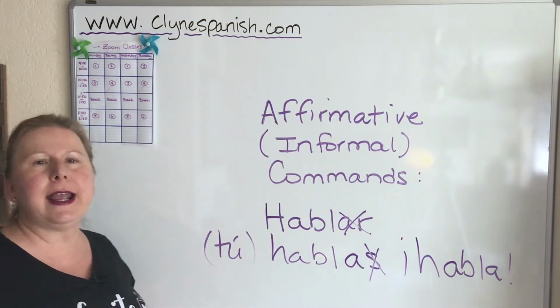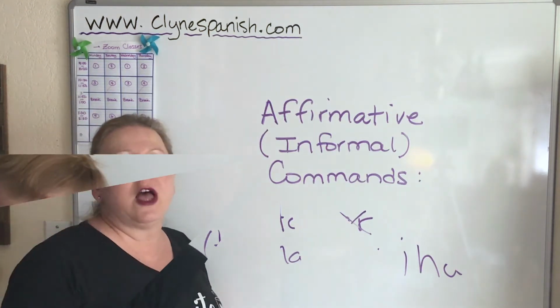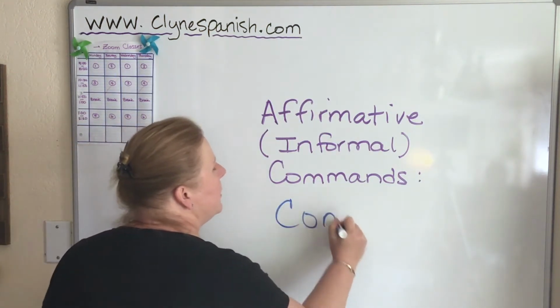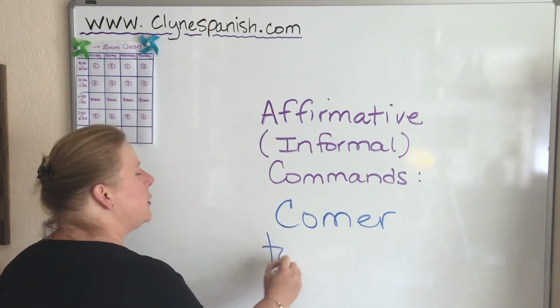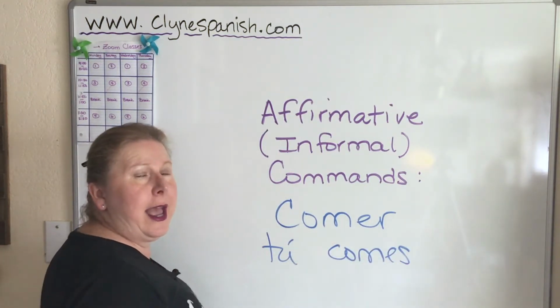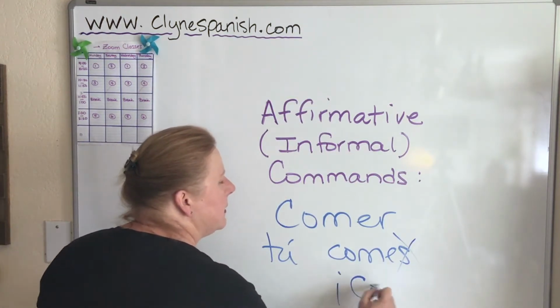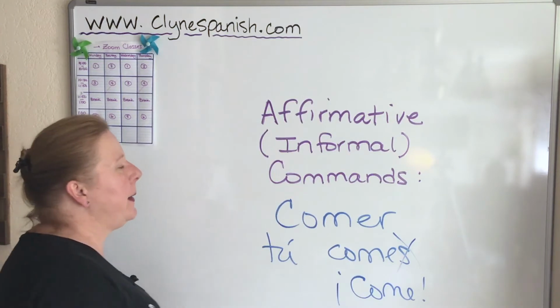Let's go ahead and do two more, my two other favorite verbs. Okay, so let's do comer, my other favorite verb to use for examples, to eat. Let's put it in the tú form, so tú comes, right? Do you remember? And then to make it a command, we just drop the S, and it's come. Nice and easy, right?